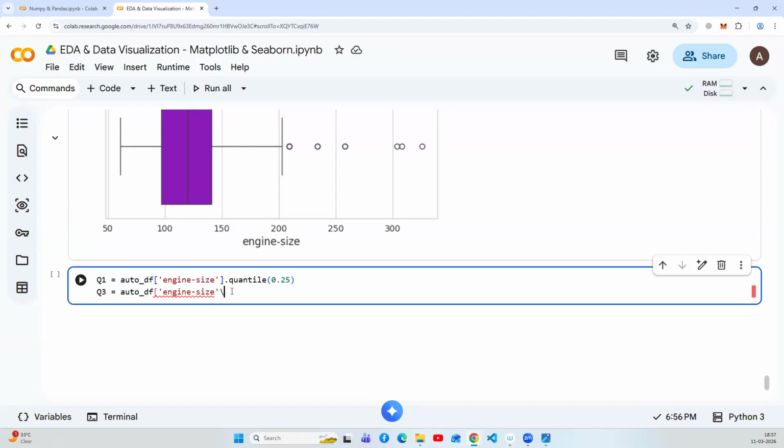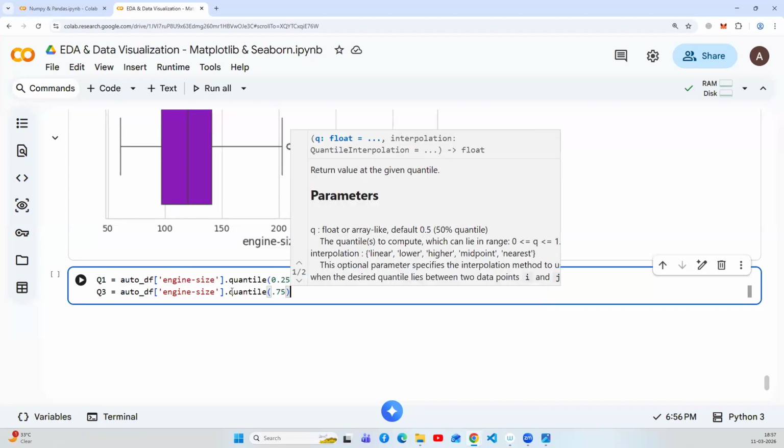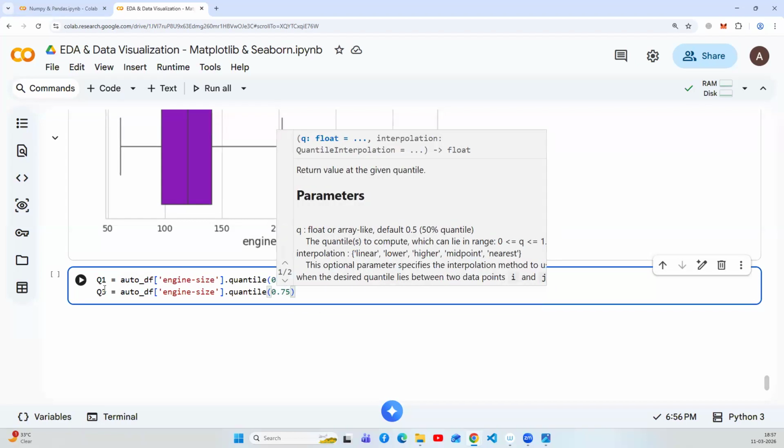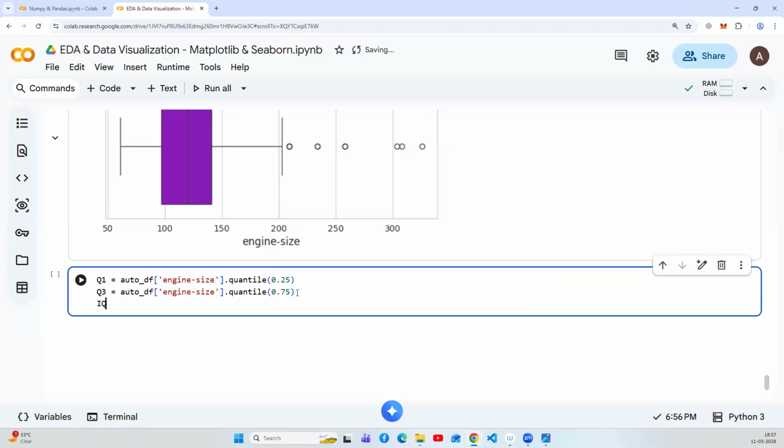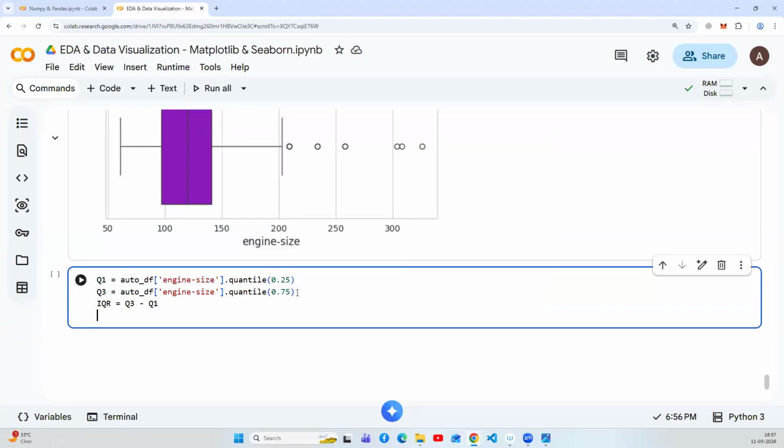Next is Q2, the 50th percentile, which is also known as the median. And next is the 75th percentile, which is your Q3. So we have Q1 and Q3, followed by your IQR, which is Q3 minus Q1.